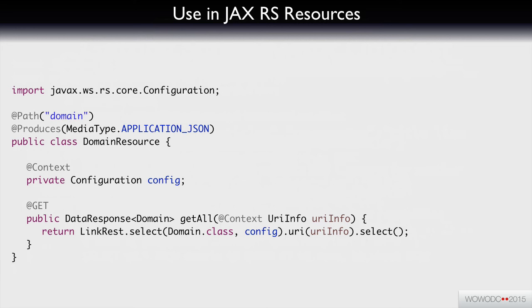Then we pass it the UriInfo, which has all the request parameters that we just discussed, cayenneExp, sort, and so on. And then you call select. And you get something called a DataResponse object, and then LinkRest knows how to serialize it to JSON. So the JSON serializer is sort of outside of this loop. It's put into the JAX-RS container.